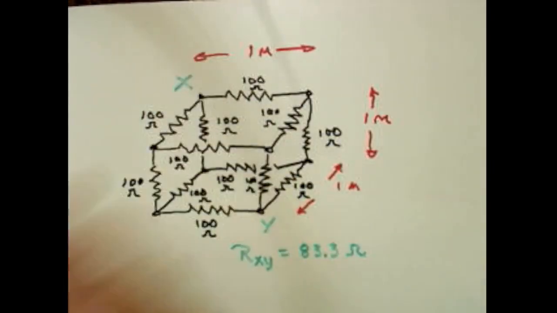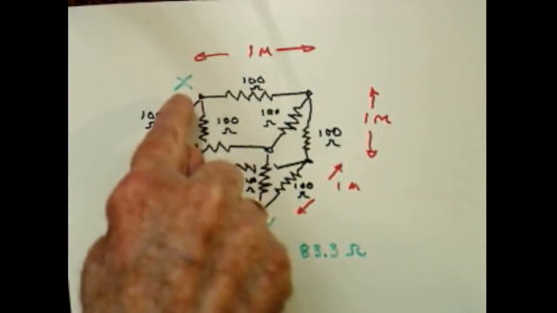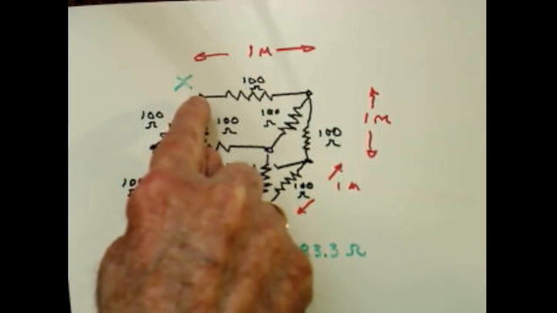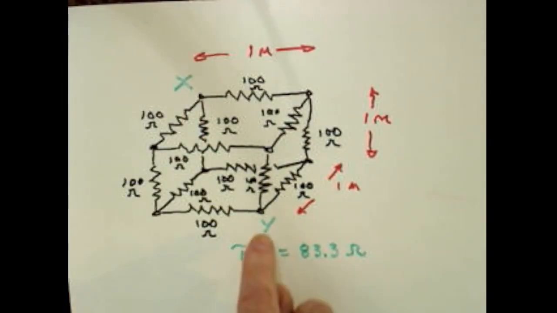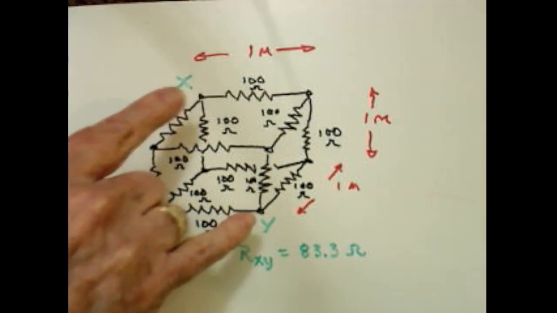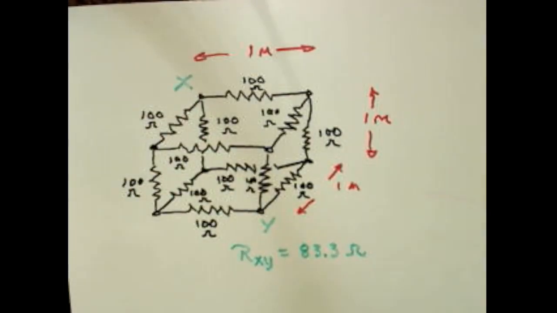And I have illustrated this in 12 resistors so that each resistor occupies an edge of a cube. And we have point X, which is in the upper left back corner of this cube. And we have point Y, which is in the lower right corner of this cube. And the resistance between these 2 points is what we're interested in.